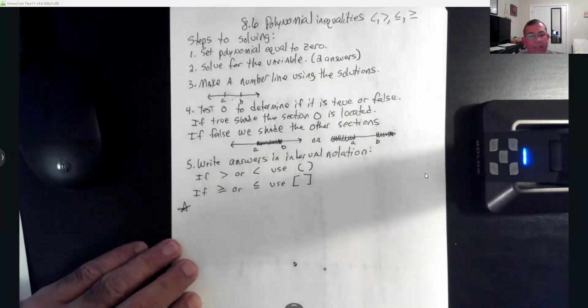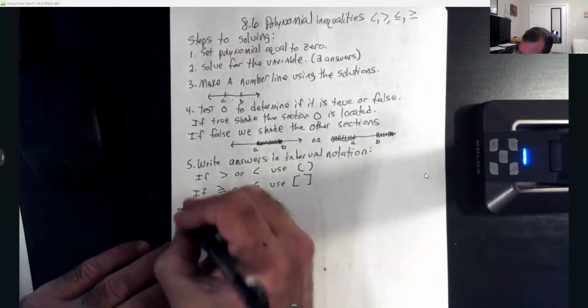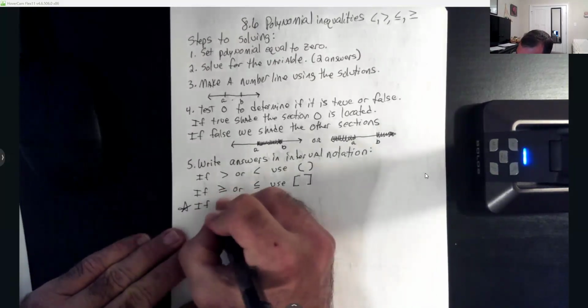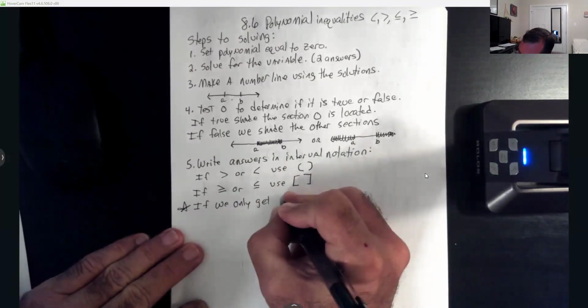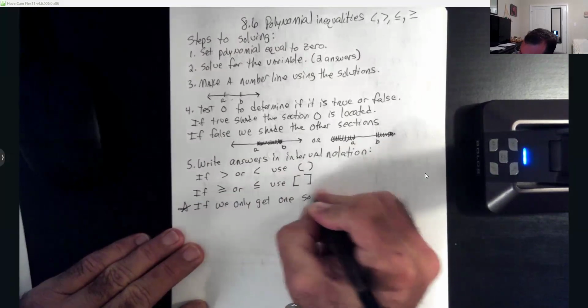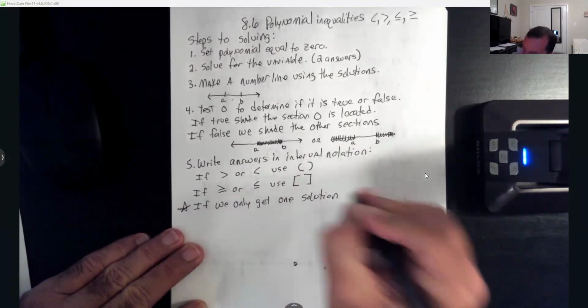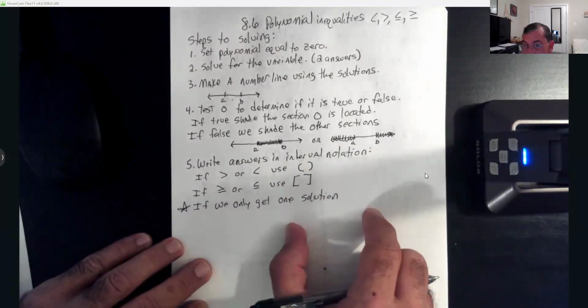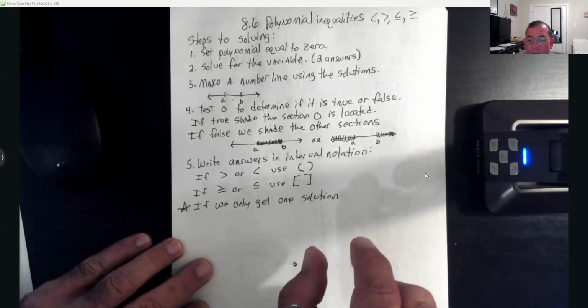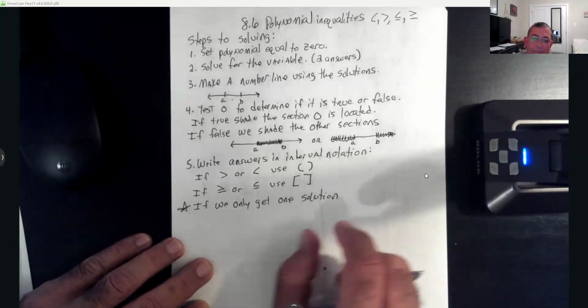Now, two things you got to watch out for. If we only get one solution, and the only way you'd get one solution is if it was one of those repeating factors like x minus 2, x minus 2.